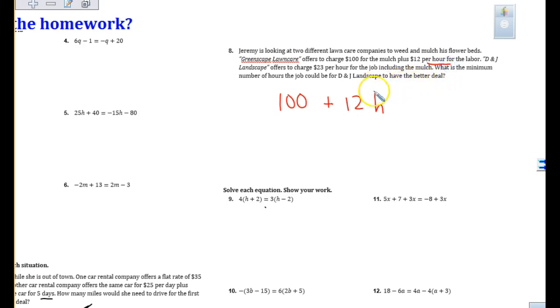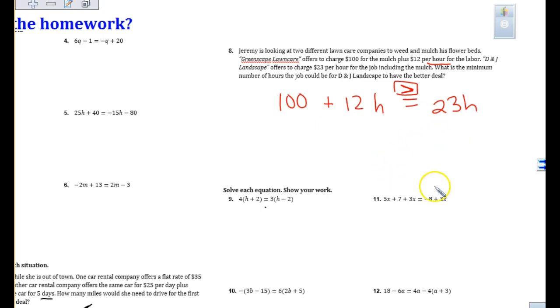And I want to find out when it's a better deal. And again, if I'm trying to find out when DJ's is a better deal, DJ's is the one that was charging us the $23. So we're really looking at when this is less, right, instead of being equal. But as we're solving these, we really haven't done the inequalities, so we are going to put 23H. That should be your equation.